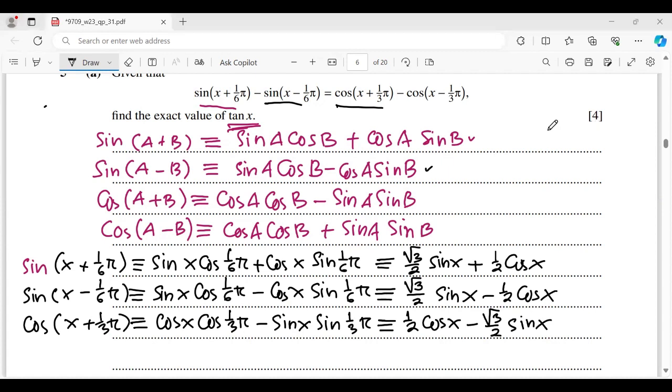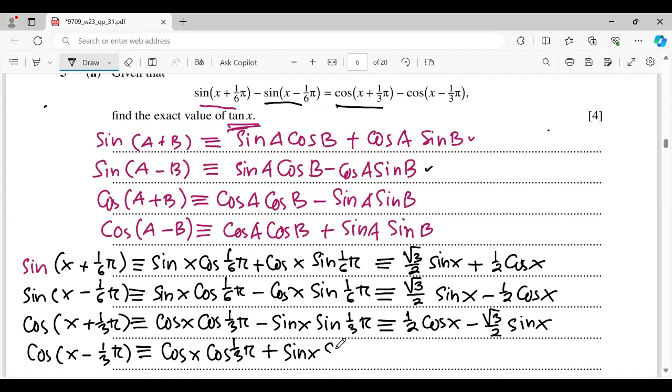And after that, cosine of x minus 1/3 pi is cosine x cosine 1/3 pi plus sine x sine 1/3 pi, equivalent to half cosine x plus square root 3 over 2 sine x.